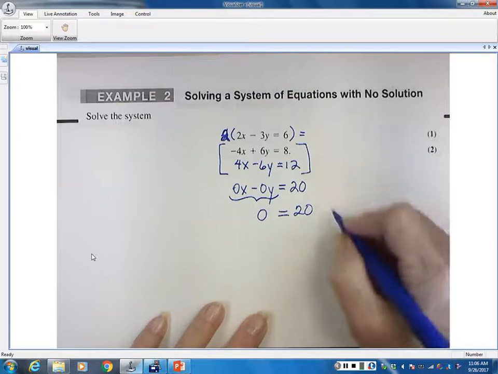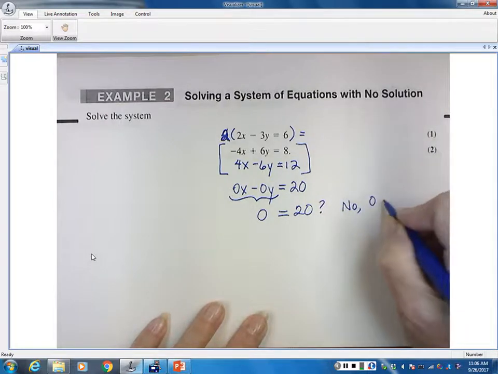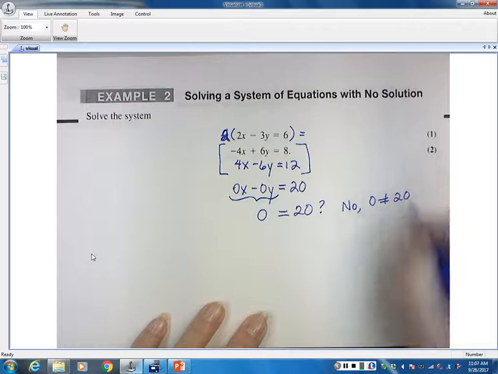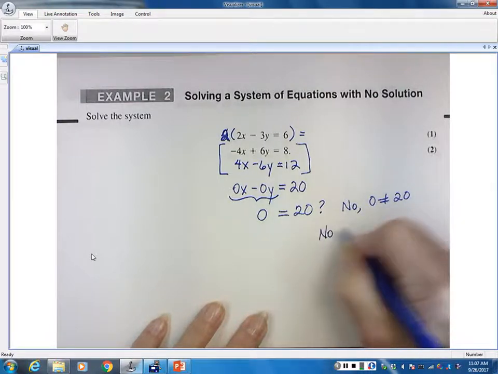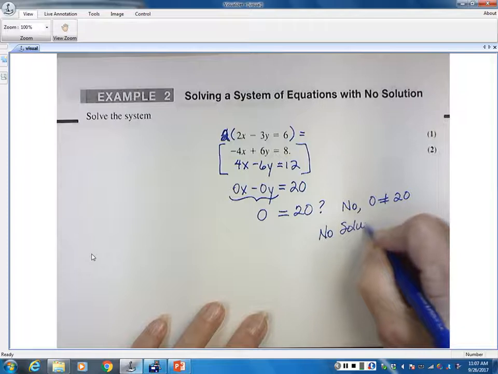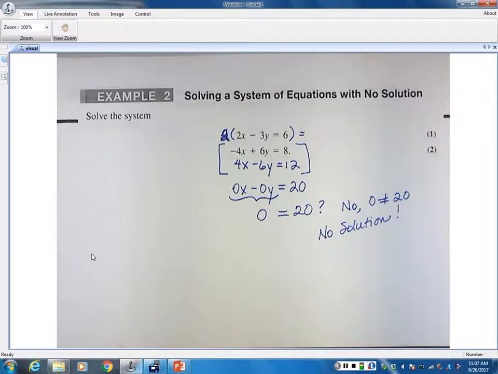No. That tells you there is no solution. That system of equations has no solution. Now, if you want to know why, we're going to graph this and prove it to you.